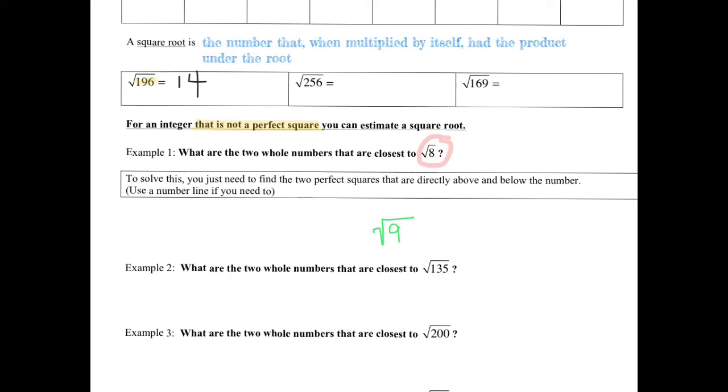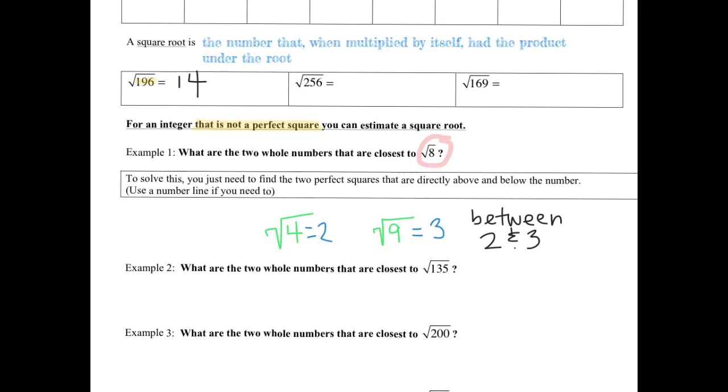And the perfect square before that would be the square root of 4. So the square root of 4 equals 2, and the square root of 9 equals 3. So somewhere between 2 and 3 is the decimal that will multiply times itself and give us 8.